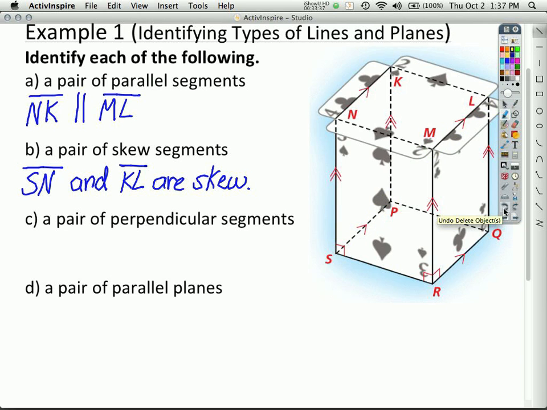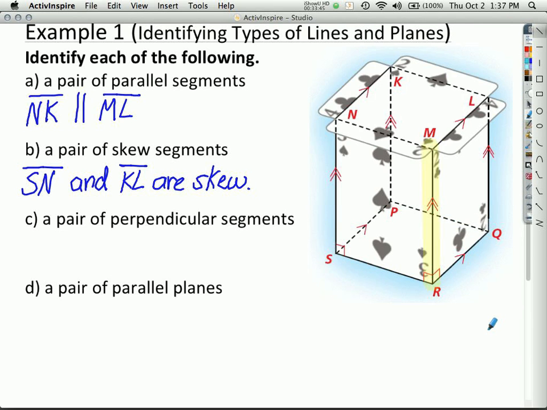Can someone give me another one? Kamoy? RM and PQ. Absolutely. The picture's a little bit messed up because it looks like they're crossing, but you can tell from the three-dimensional picture that PQ is behind RM. So she's absolutely right.